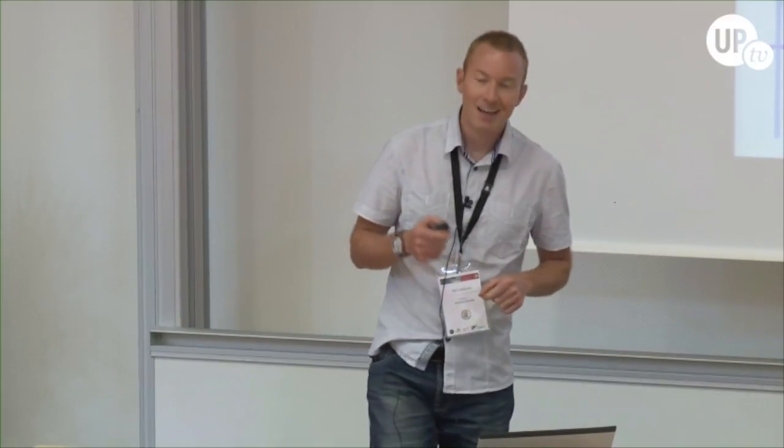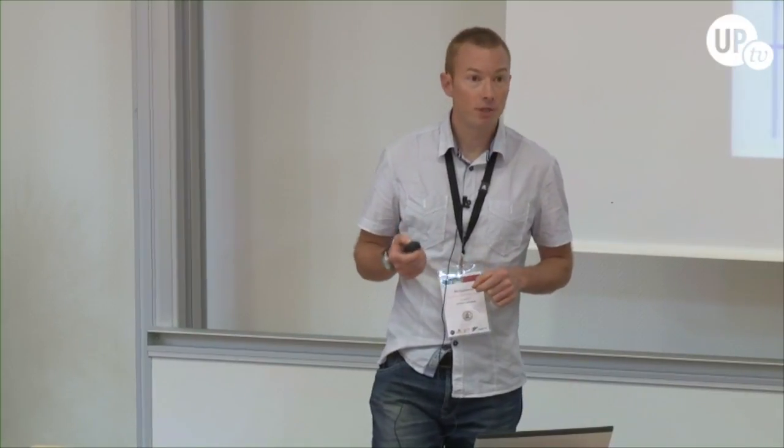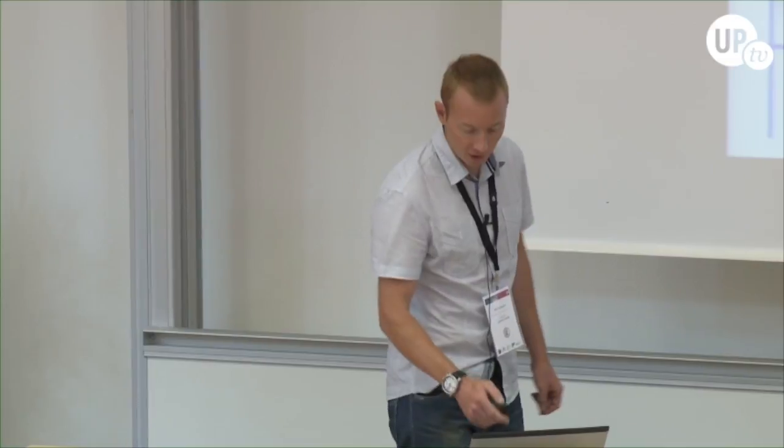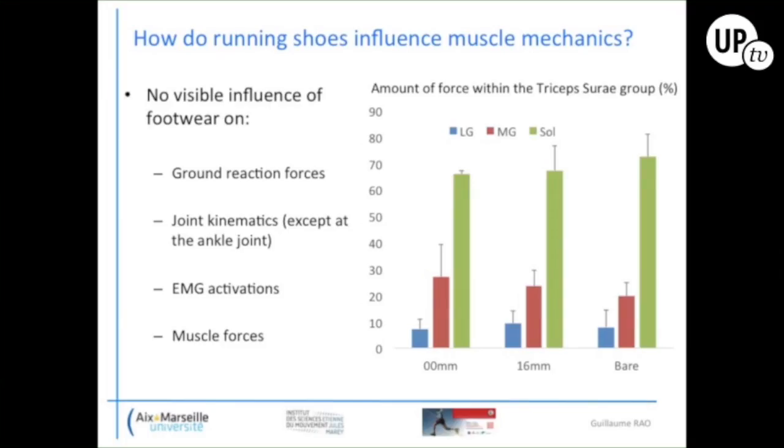Disappointingly, no real visible influence of the shoe condition was seen on the ground reaction forces, the joint kinematics, except at the ankle joint level, and I will go back to it further on, the EMG activations, as well as the muscle forces.